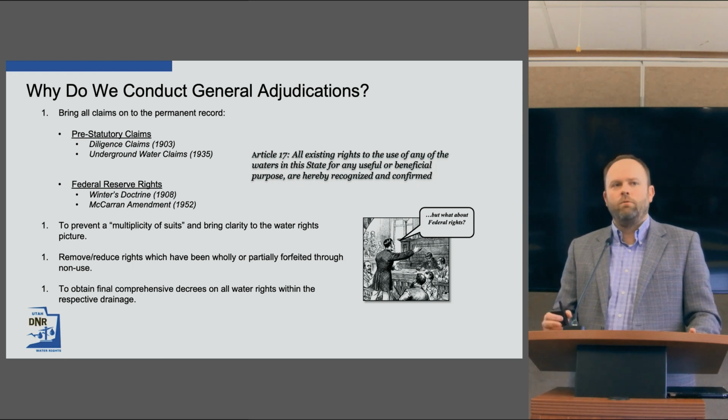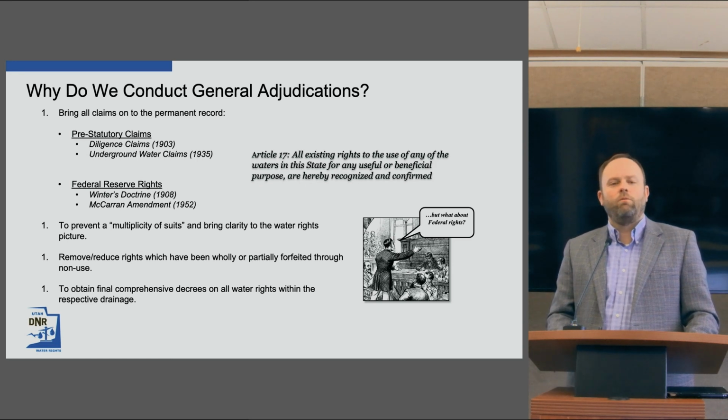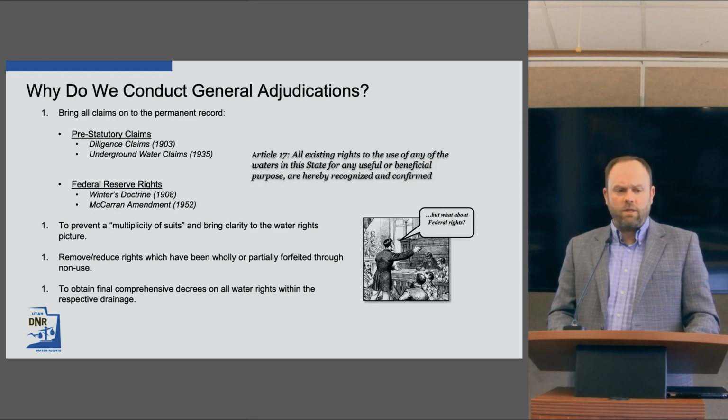If you work for a water entity, that's probably when the fundamental parts of your water system were put in place. Furthermore, the first state water laws didn't become effective until 1903 for surface water and 1935 for underground water.